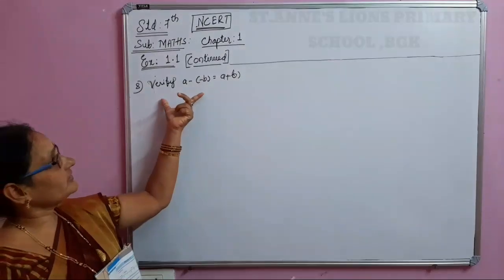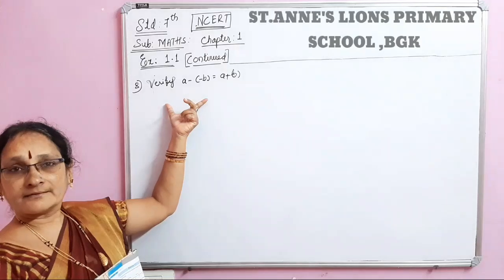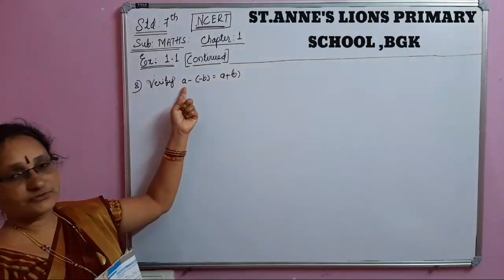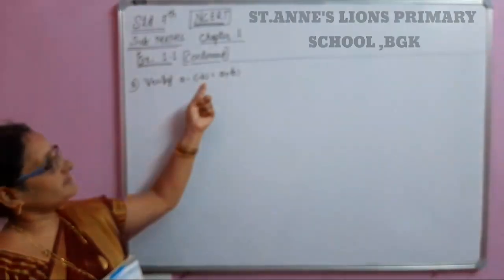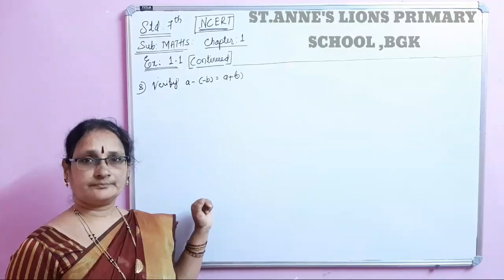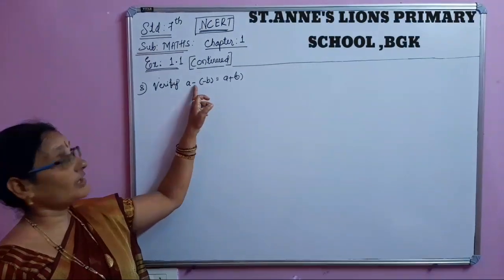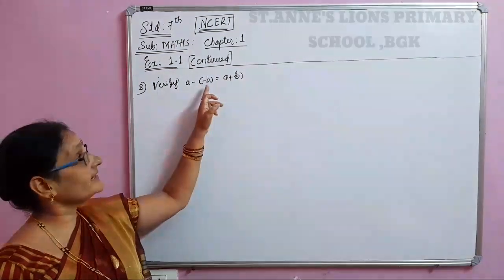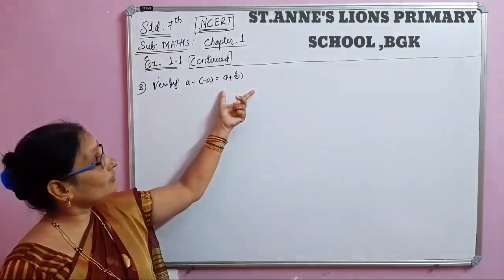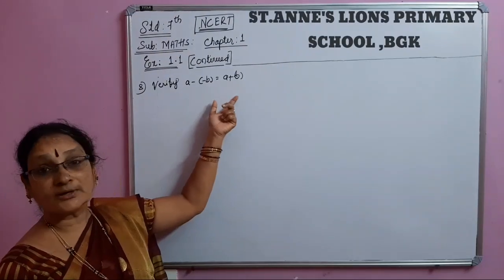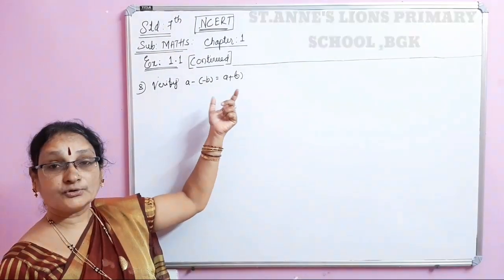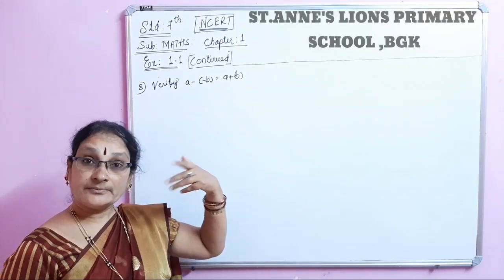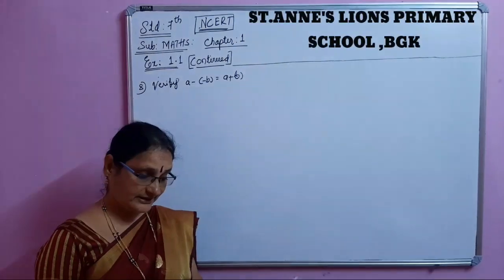Here we have to verify this. A is a positive integer, minus b is a negative integer. Here subtraction of a negative integer from a positive integer is equal to the sum of those two numbers. This we have to verify with many values. They have given the values here.